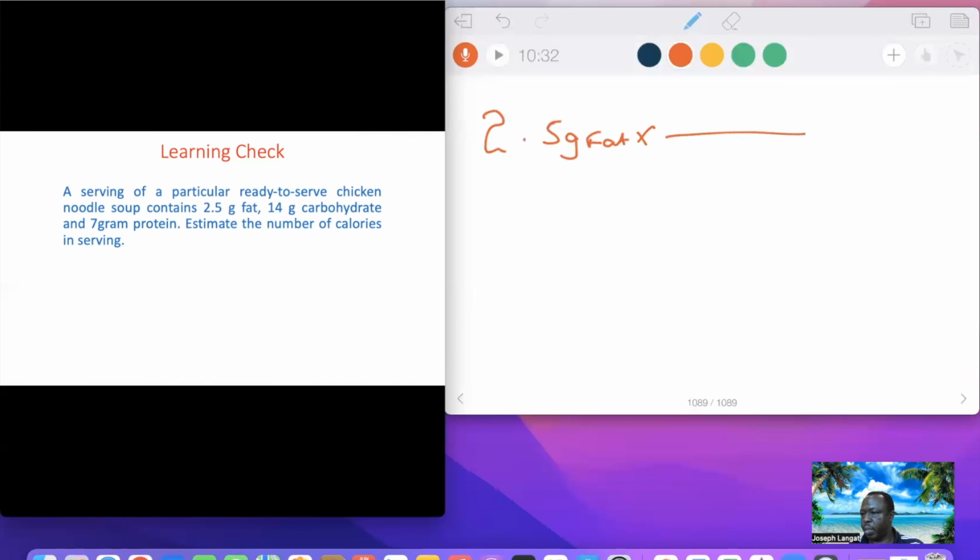2.5 grams of fat times 9 calories per 1 gram of fat. This will give you 22.5 calories.